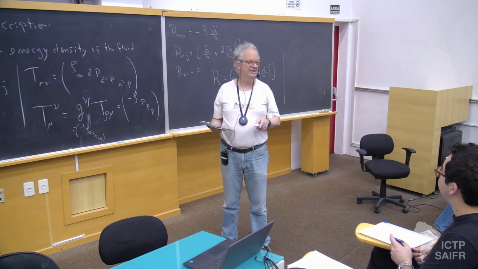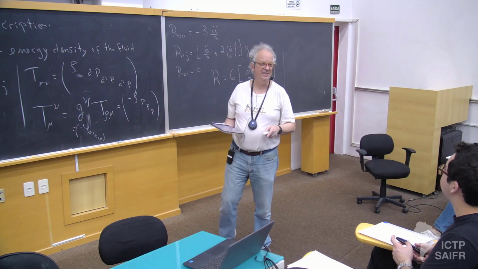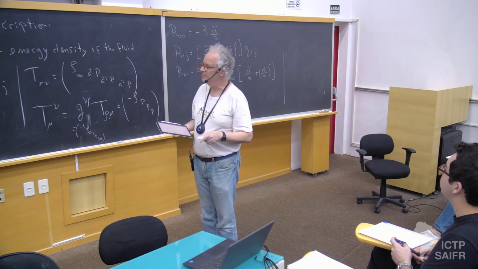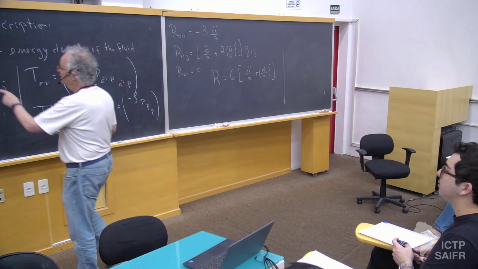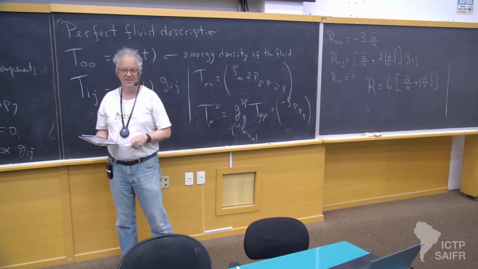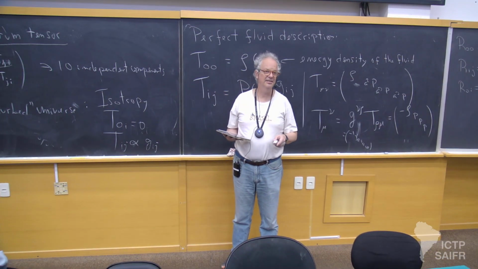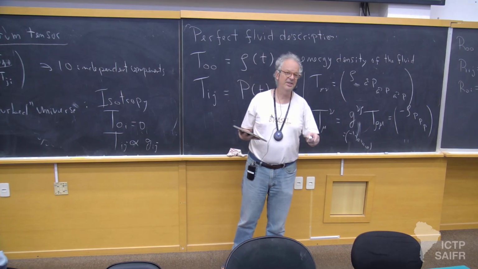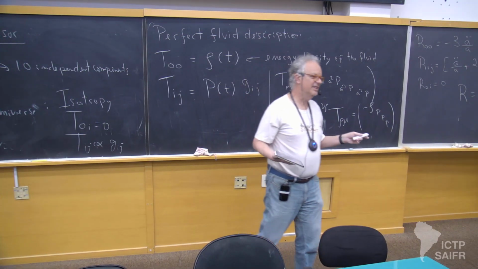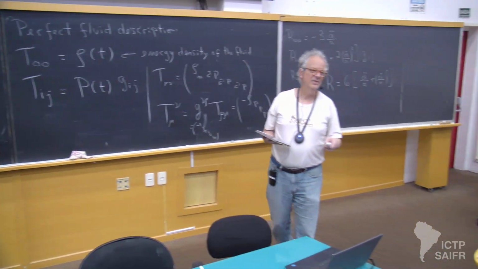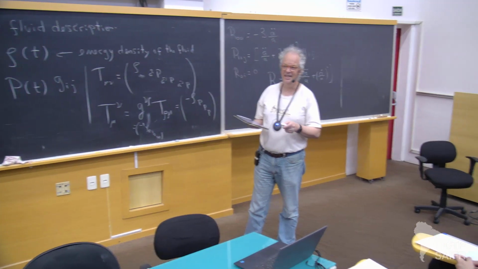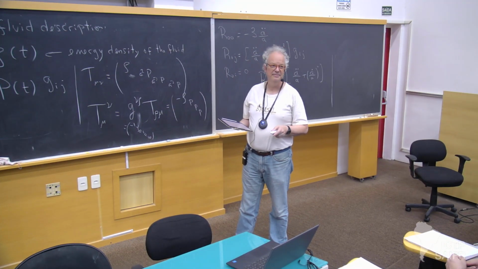Only 2 equations. And we're going to solve these equations. And then see, for instance, how the density changes with time, or with the scale factor, and how the scale factor changes with time. So we can solve everything for the homogeneous and isotropic universe. Okay?